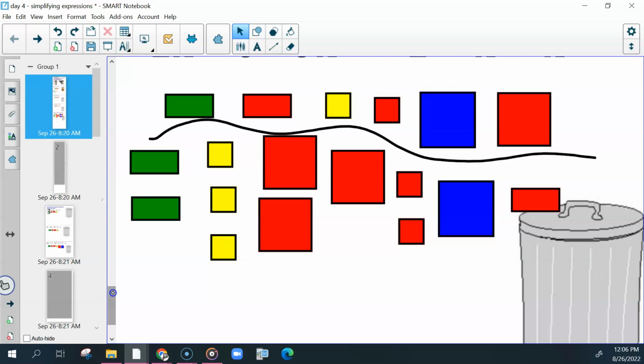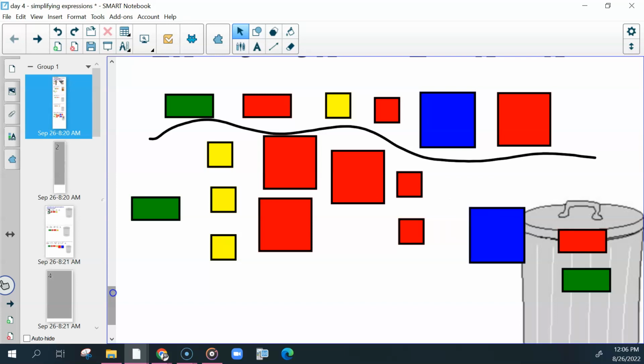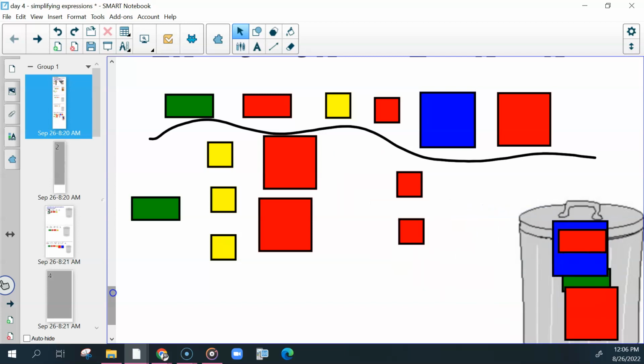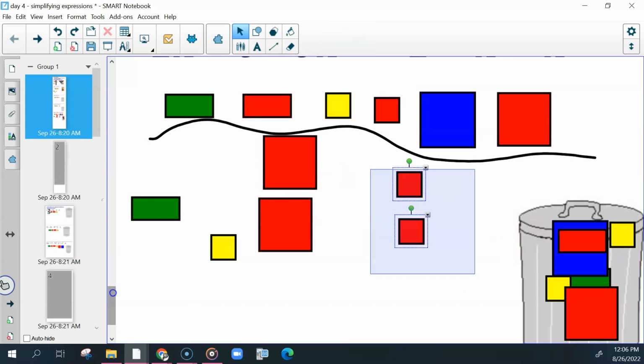Which one? The green x and the red x. That's a 0 pair. Matthew, you said one? There's 2x, blue and white, the x squared. Any other 0 pairs? Iman? We have 2 of those that are 0 pairs.